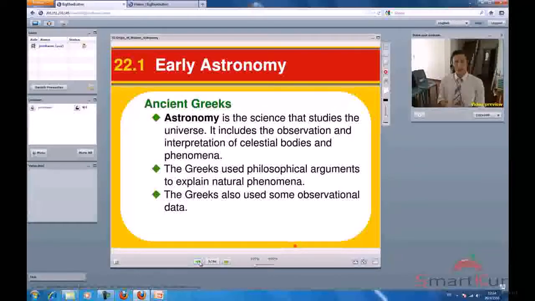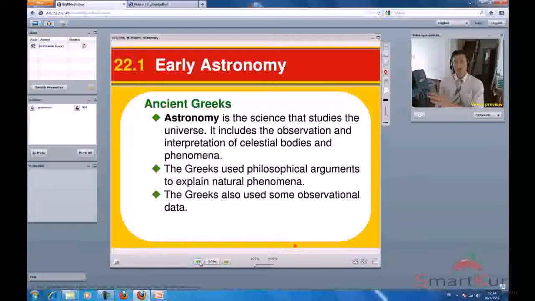So in the next 45 or 50 minutes, I'm going to try to explain to you some of the early ideas that people had about the stars and the sun and the planets, and how those ideas have changed over time as our ability to observe the stars has gotten better and better.